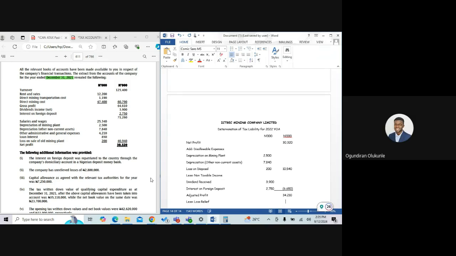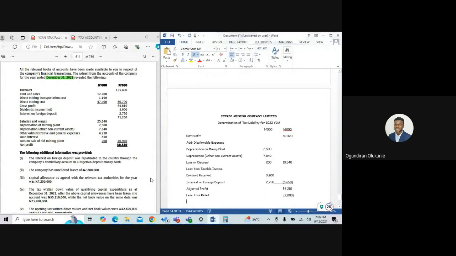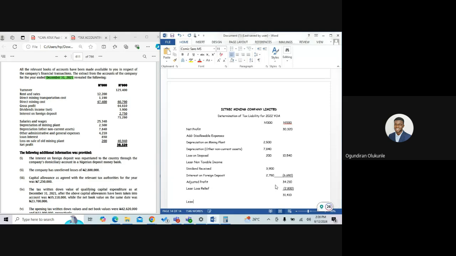So we're told that loss relief is 2,800. So what's the loss relief there? What's the amount? Deduct the loss relief from it so that we can get the value before determining the capital allowance. 31,410 less capital allowance.